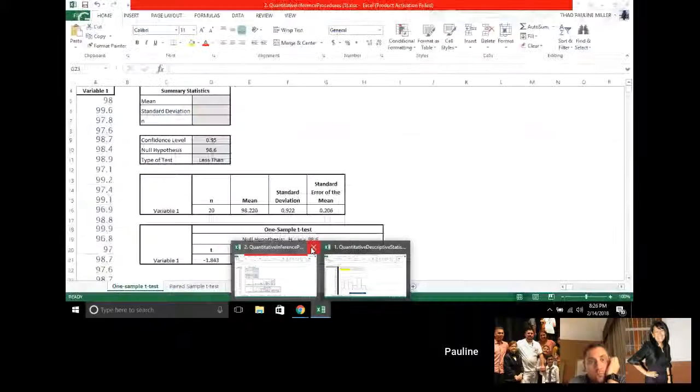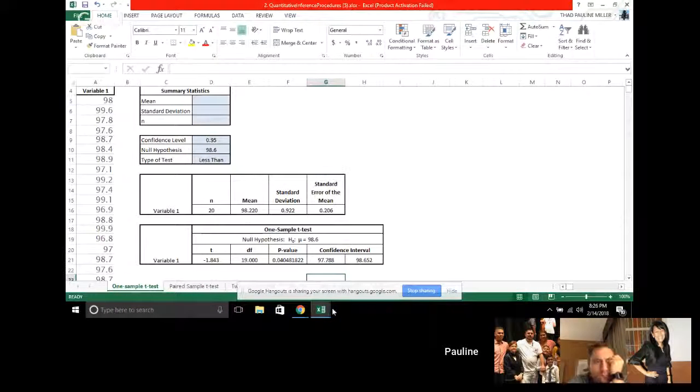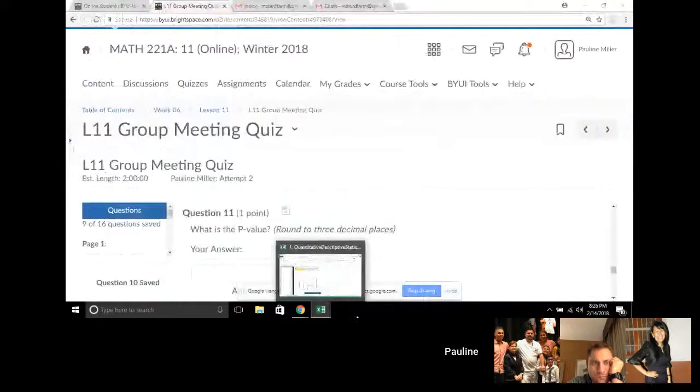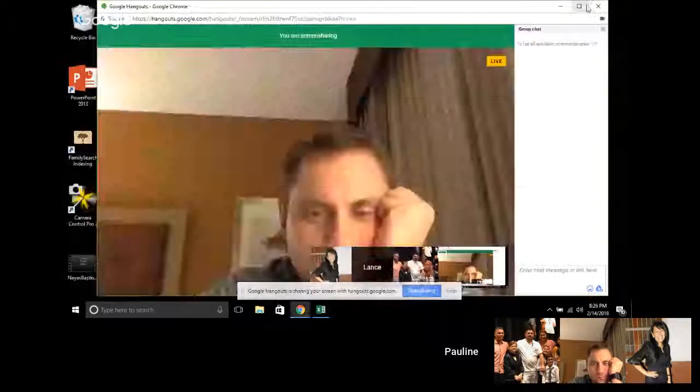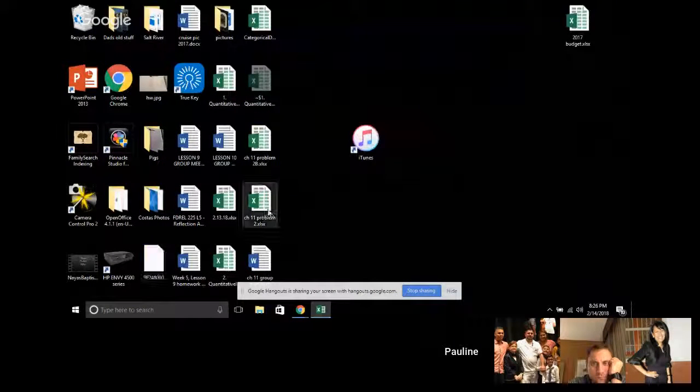Okay. So right here, now we just gotta replace those values. We're not gonna use the body temp anymore. We're gonna use the ones for the baby boom document.